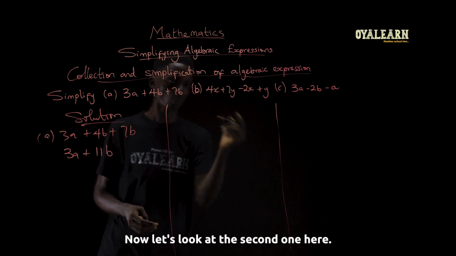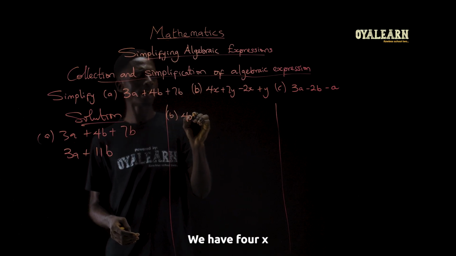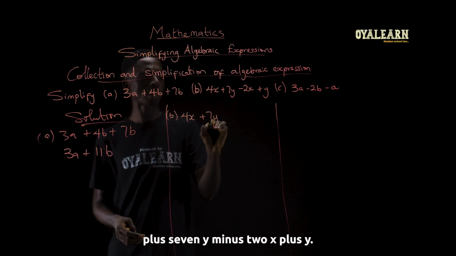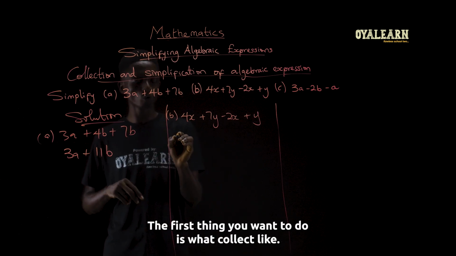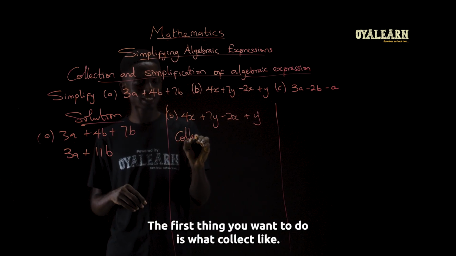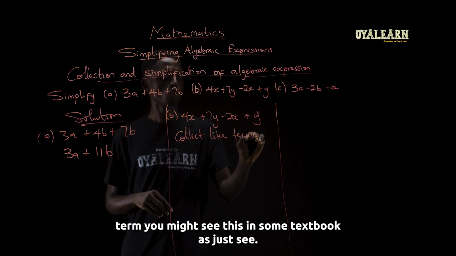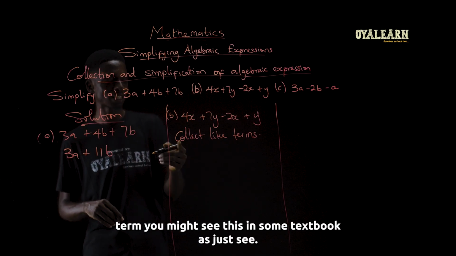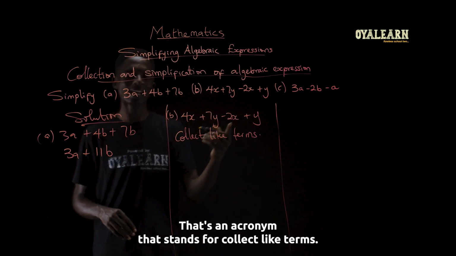Now let's look at the second one here. We have 4x plus 7y minus 2x plus y. The first thing you want to do is what? Collect like terms. You might see this in some textbook as just CLT. That's an acronym that stands for collect like terms.